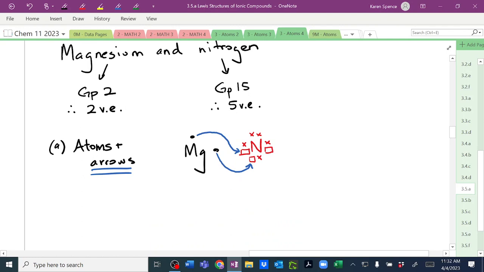I'm going to add another magnesium. So anytime you have gaps that need filling and you don't have enough electrons, or if you need an electron to go someplace and you don't have a gap to put it in, you can simply add atoms to make it work. Okay?